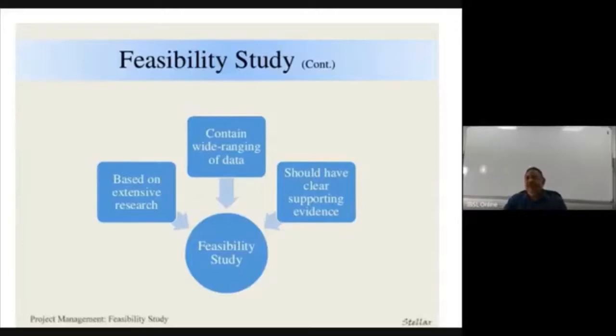A feasibility study has three components. First, it is based on extensive research. To do a feasibility study, you have to do research. There are different ways of doing research. You can just ask questions, send a questionnaire in some cases, or get information from external or internal sources.